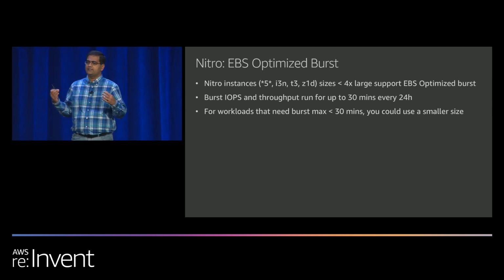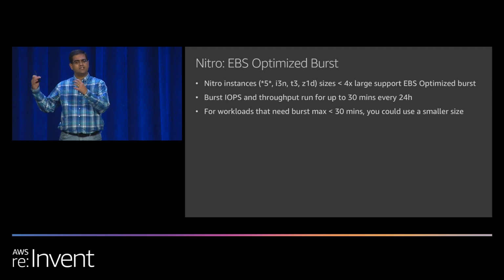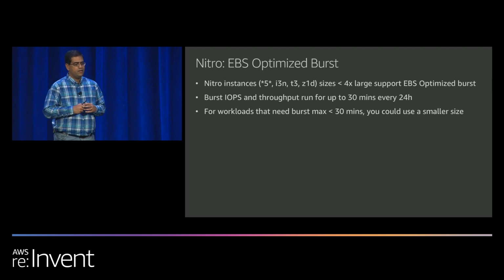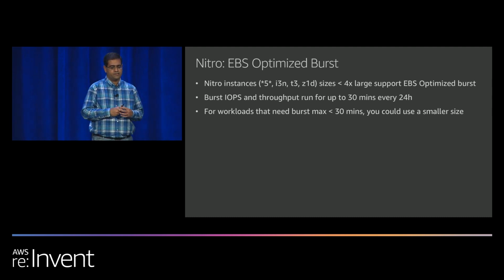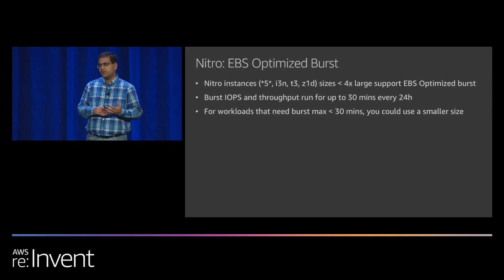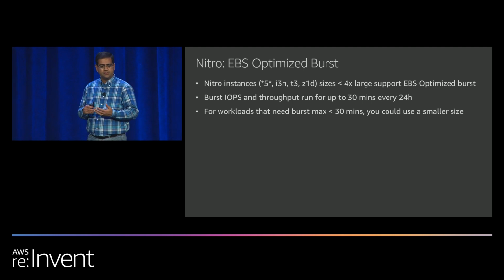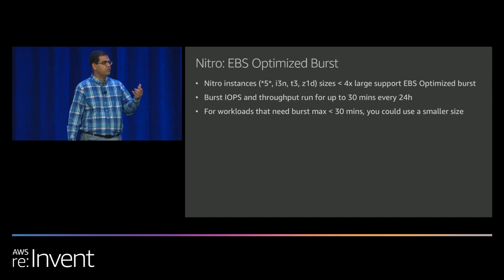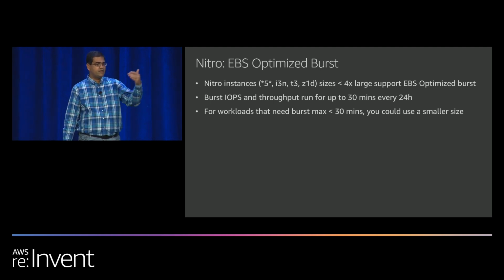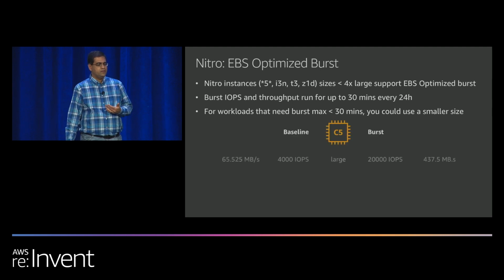If these instances have sizes less than 4XL, then what we've enabled is this new capability called EBS Optimized Burst. Your burst IOPS and throughput can run up to 30 minutes every 24 hours, because we find that a lot of workloads need that short spike of IOs or bandwidth and can benefit by reducing the instance size.